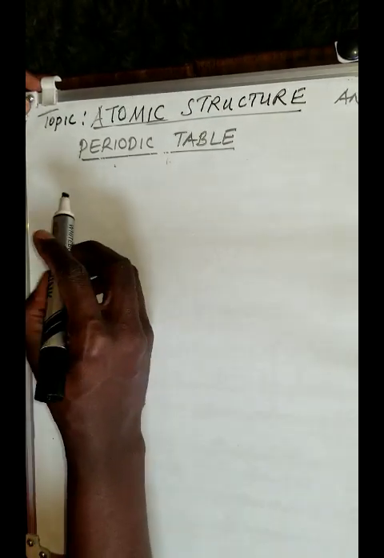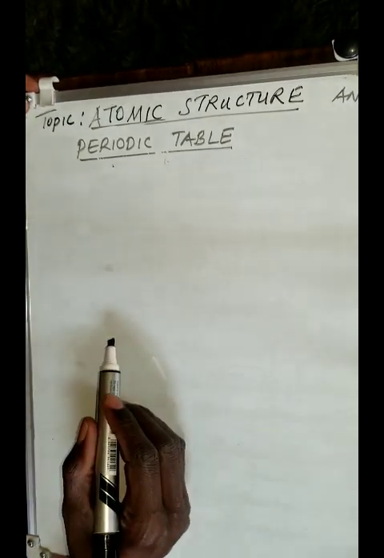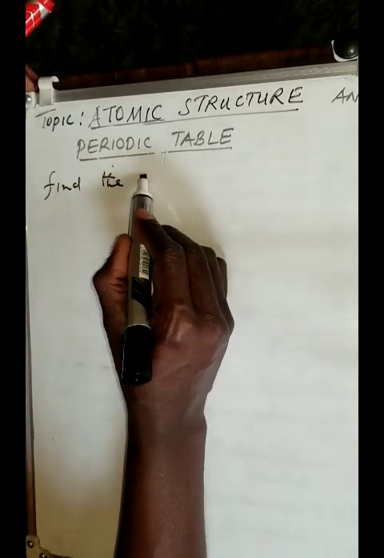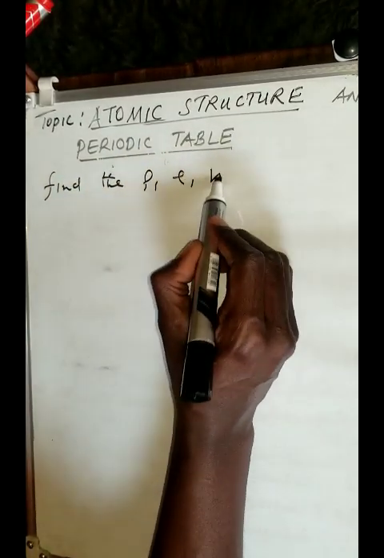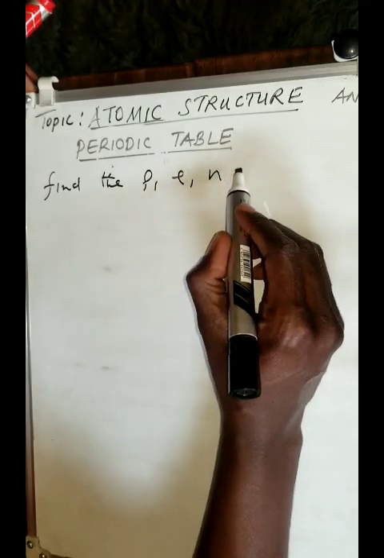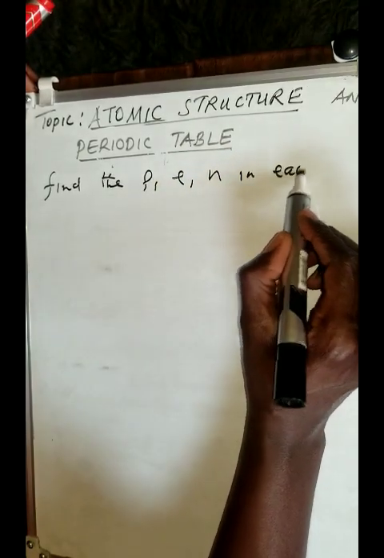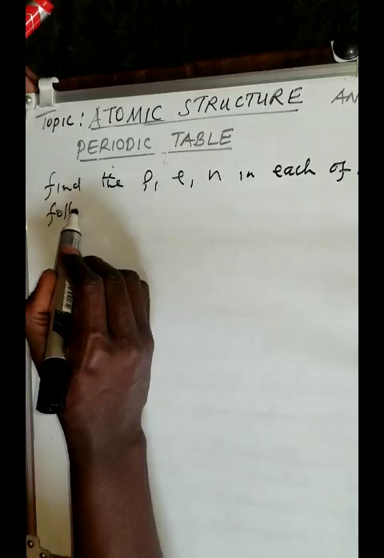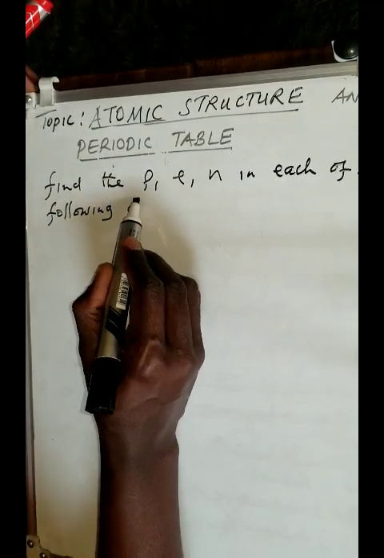Let's look at just a few other examples so that I can show you. For example, I can tell you to find the protons, electrons, and neutrons in each of the following atoms.